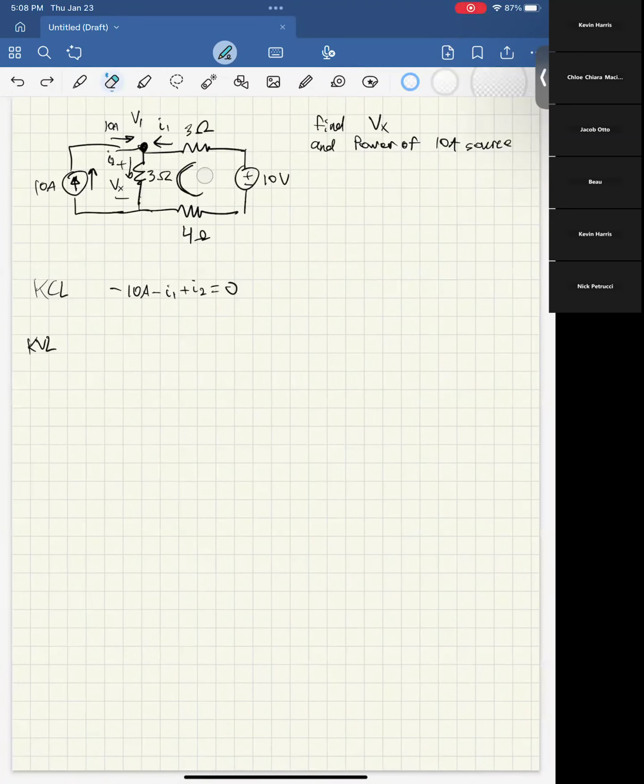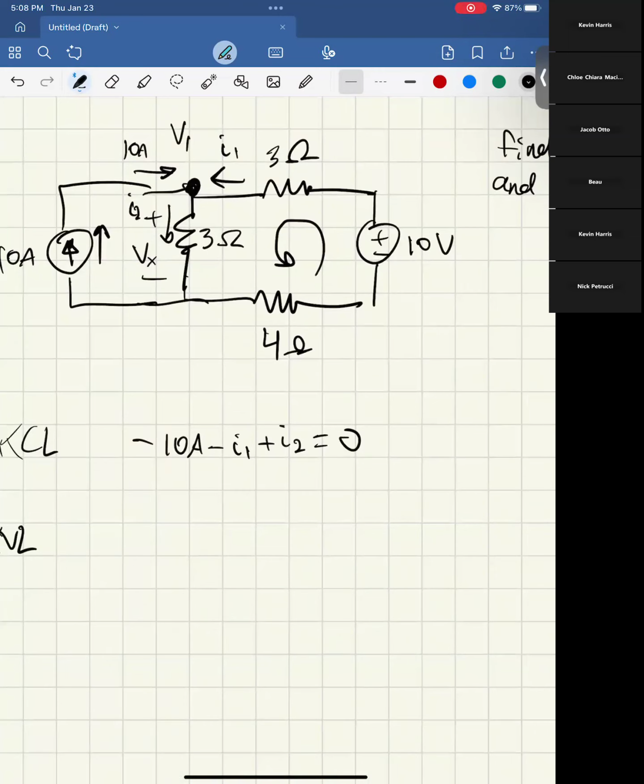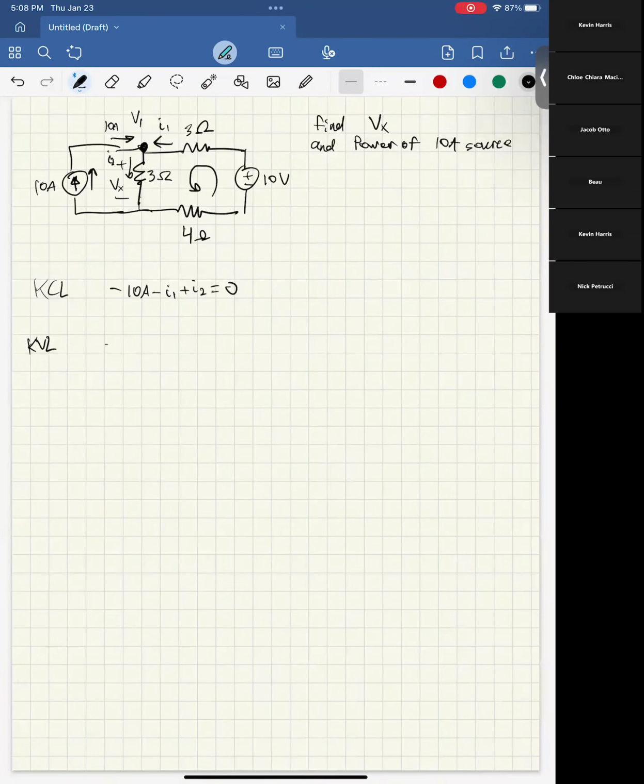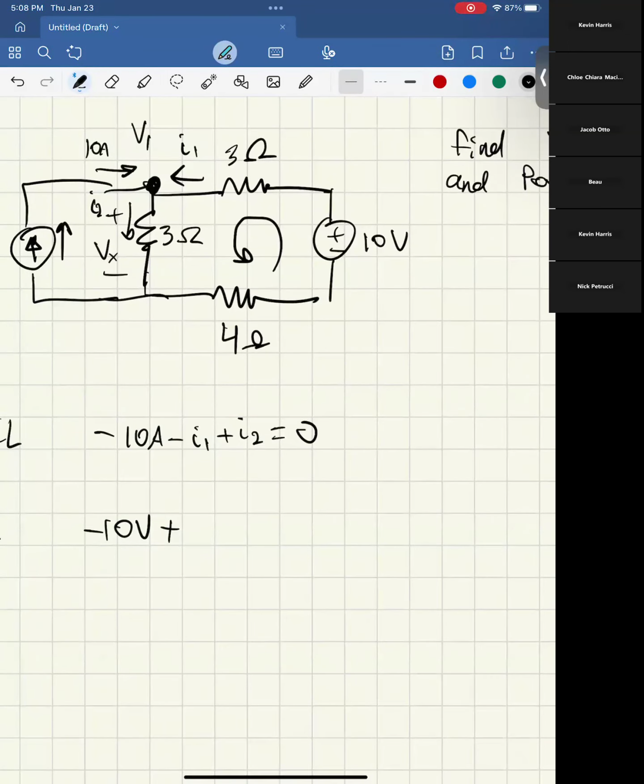It'd actually be a bit better if we think of this as going the other way, because that's the direction we guessed I1 is going, so that would line up better. So here, we're going to have negative 10 volts, and then plus the resistor terms, because resistors are always going to be positive, basically. And remember, if we said I1 is there, then it's going to be the same I1 all the way around the loop, because you can only have one current through any given path. Current doesn't change.